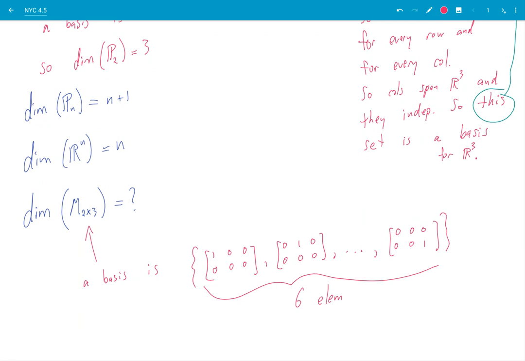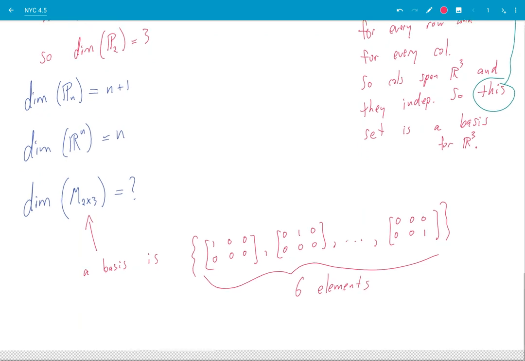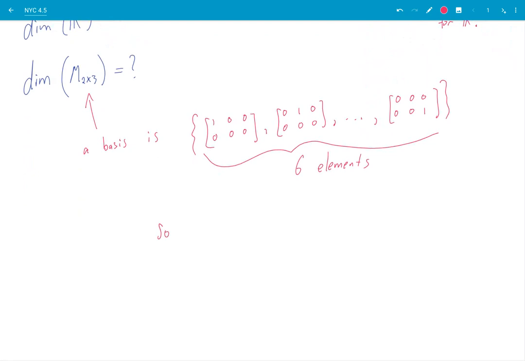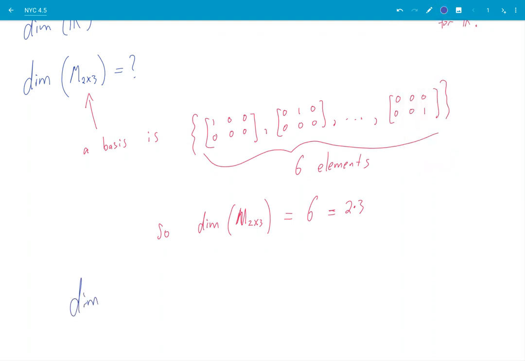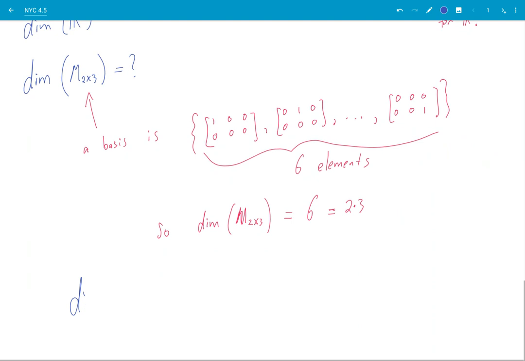It's a total of 6 elements. So the dimension of M 2 by 3 is 6. Well, more importantly, it's 2 times 3. From this, we deduce that the dimension of the M by N matrices is M times N.